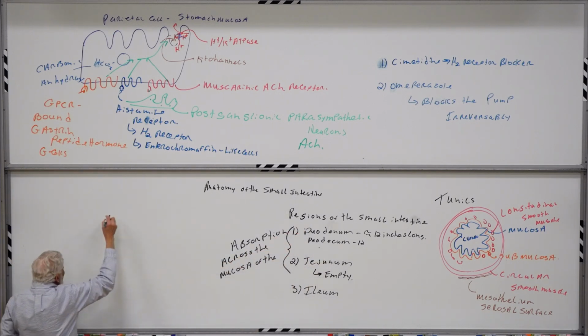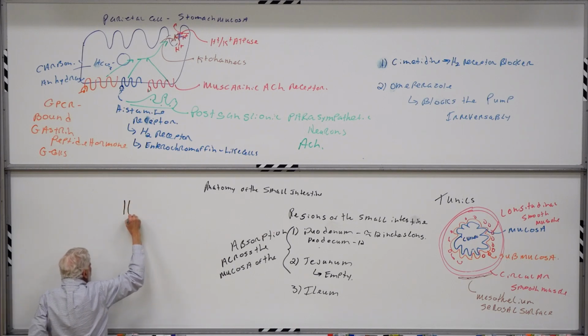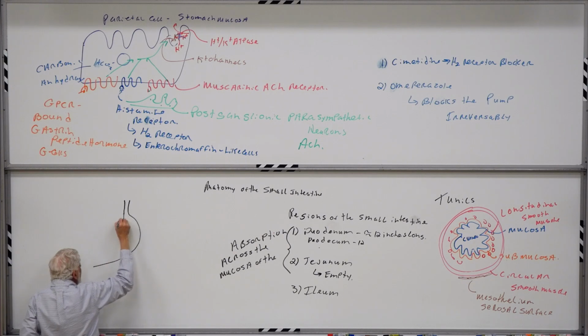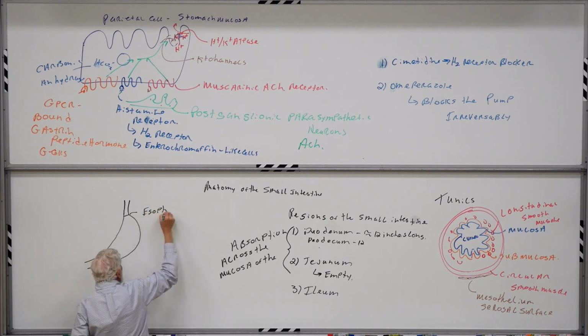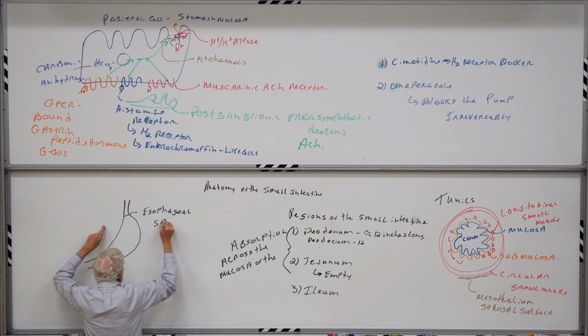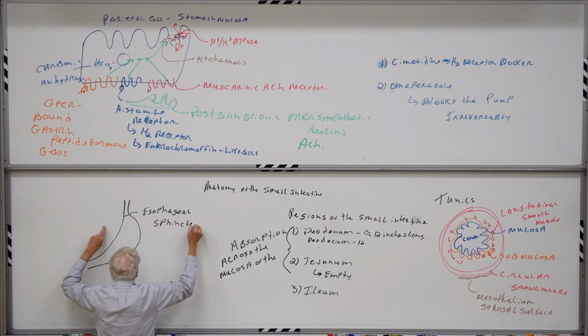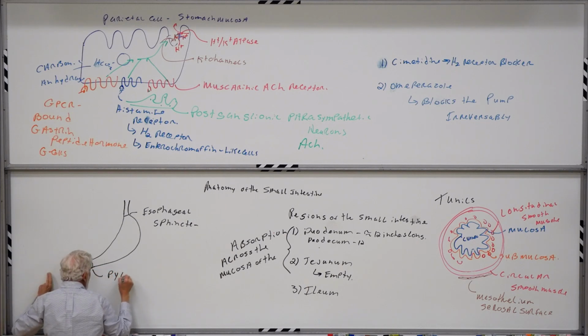But if we begin thinking about what's going on in the duodenum, we basically take our crude drawing that we had yesterday. Well, up here we describe this as the esophageal sphincter. And down here, the pyloric sphincter.